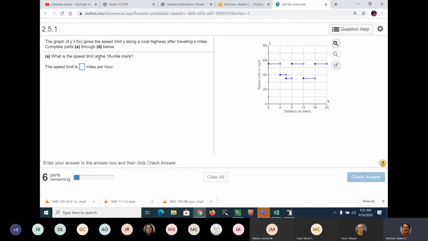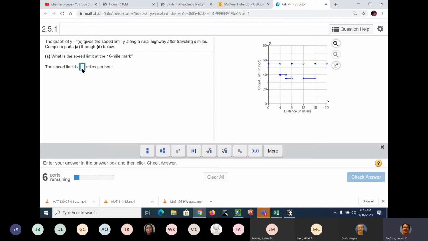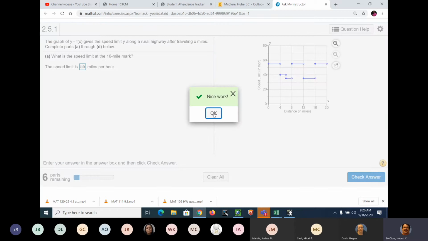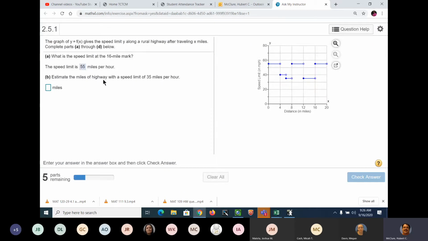What is the speed limit at the 16-mile mark? Well, here's the 16-mile mark right here. And it is, what is that? Let's see, that's 55. So it should be 55 miles per hour. Okay. Estimate the miles of highway with a speed limit of 35.